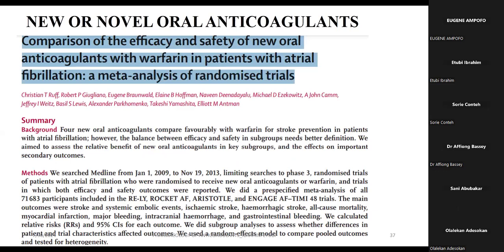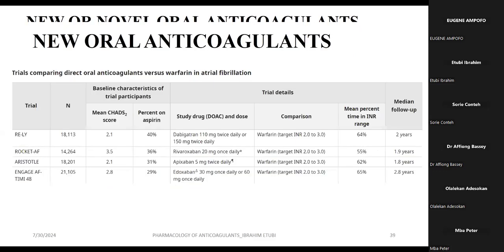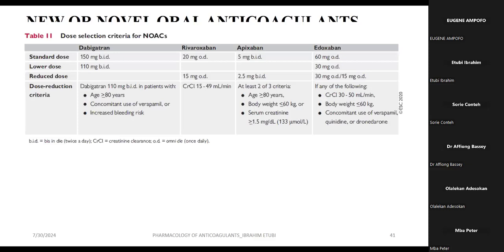The major summary here is that they noted a heterogeneity for stroke or systemic embolic events in important groups, but there was a greater relative reduction in major bleeding with new oral anticoagulants when the center-based time in therapeutic range was less than 66 than when it was 66 or more. So in this study, what they found more was that GI bleeding was less with use of the novel oral anticoagulants compared with use of warfarin. We can look through this after now.